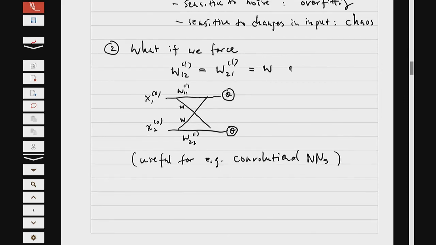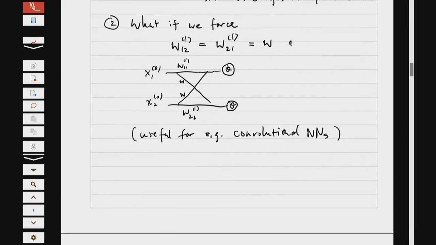But we still need to find the partial derivative with respect to this W in order to carry out our gradient descent, right? So our previous method will not directly be applicable.